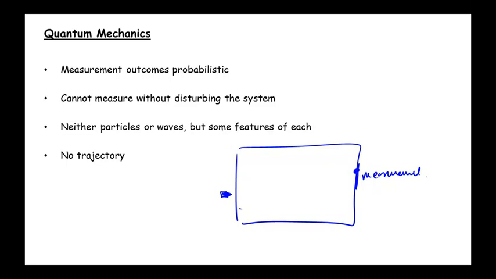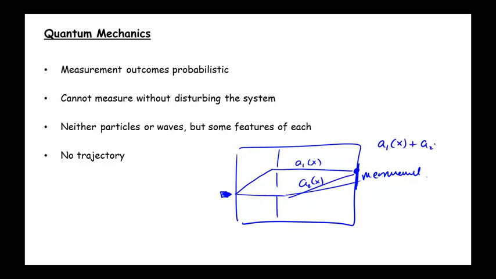And what the formalism tells us is that if we had a double slit here, then the electron has some amplitude A1 with which it goes through slit 1 and ends up at X, some amplitude A2 with which it goes through slit 2 and ends up at X, and the amplitude with which it ends up at X is A1(X) plus A2(X), and the probability of detecting it there is the square of this amplitude.